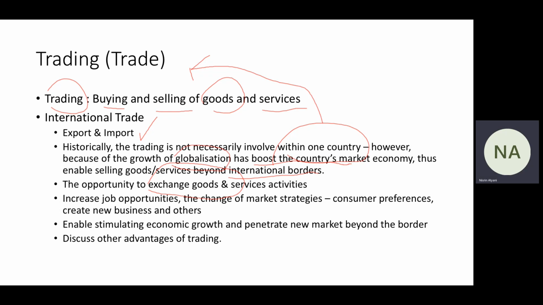As I mentioned before, trading allows more job opportunities, which creates market strategies. For example, if you open a new branch in another country, you need to hire new people at the office there. So when you hire new people, people at the current company have the opportunity to work with you.